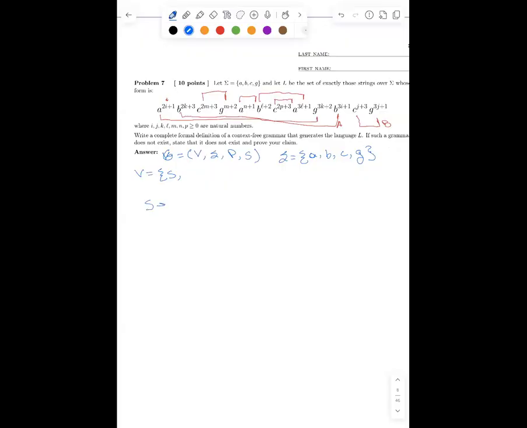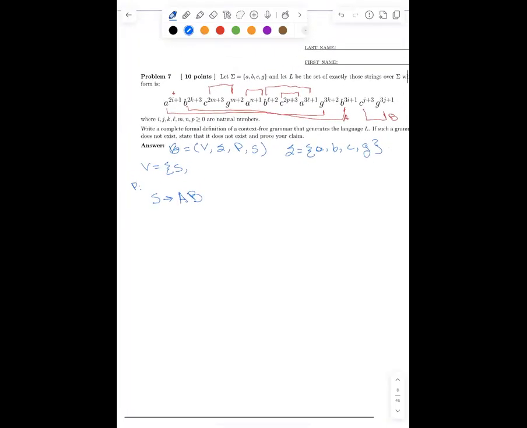So my S will start with A and B. And then I go directly to A. And I see that I have two A's here. I can loop back to it. And then I'm ending with three I's. So I will get three B's. I have my or state.